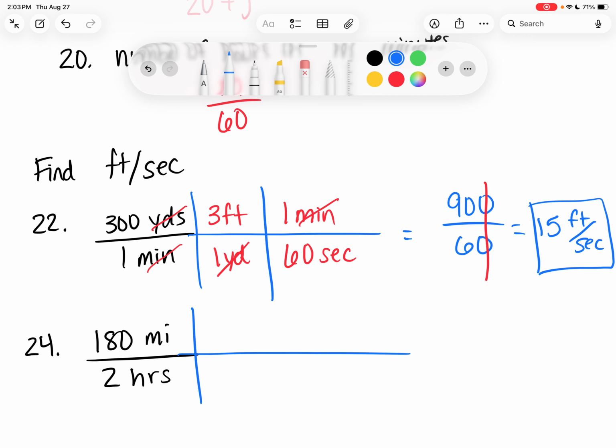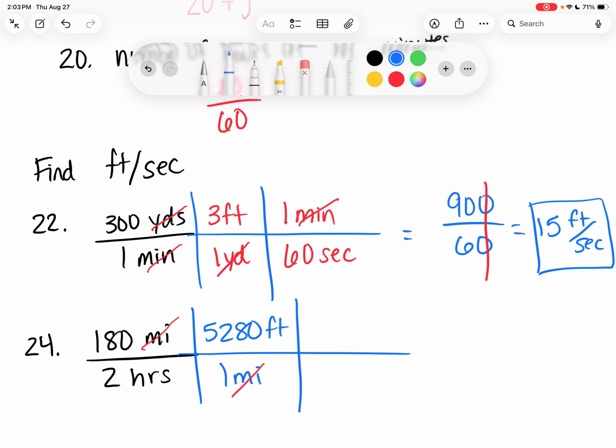Yep, 5,280. That goes up here in 1 mile, so that my miles can cancel. And then I need to go from hours to seconds. Does anybody know how many seconds are in an hour? 3,600. Yep, 3,600.